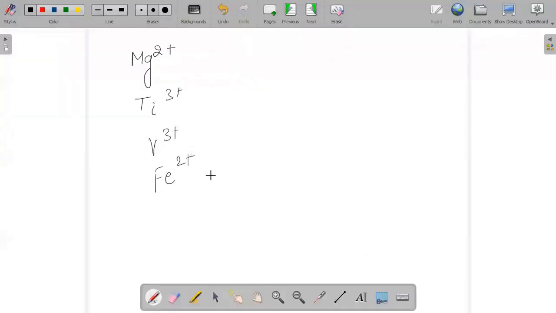When we are doing an electronic configuration for each, you will be able to find out the number of unpaired electrons in each option. Currently, I am just giving you the number of unpaired electrons: in Mg2 plus it will be 0, Ti3 plus it will be equal to 1, V3 plus it is 2, and Fe2 plus it will be 3.